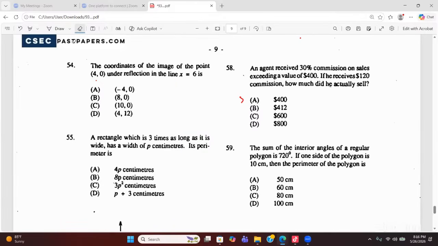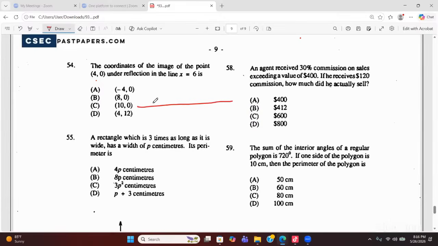Let me draw it and try to divide it up properly for you so you could see it. So let us say we have 1, 2, 3, 4, 5, 6, 7, and I'm going to make up this 8. They're saying there is a point right here, 4, 0. So let us say the y-axis is here. The point is here, 4, 0.